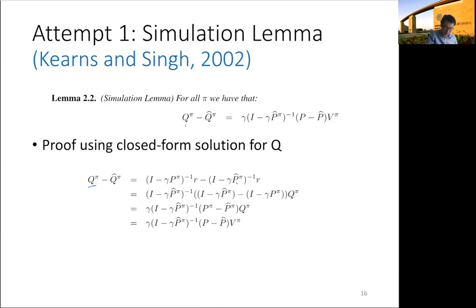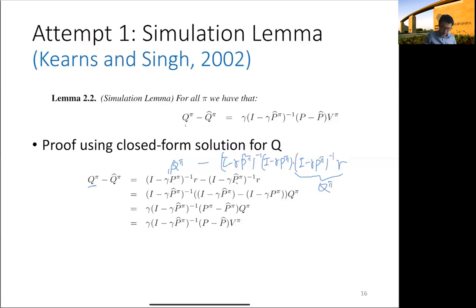Notice that this one is just Q pi, and this one, using the invertibility of these matrices, I can first multiply by I minus gamma P pi and then by I minus gamma P pi inverse R. So now this becomes Q pi as well.